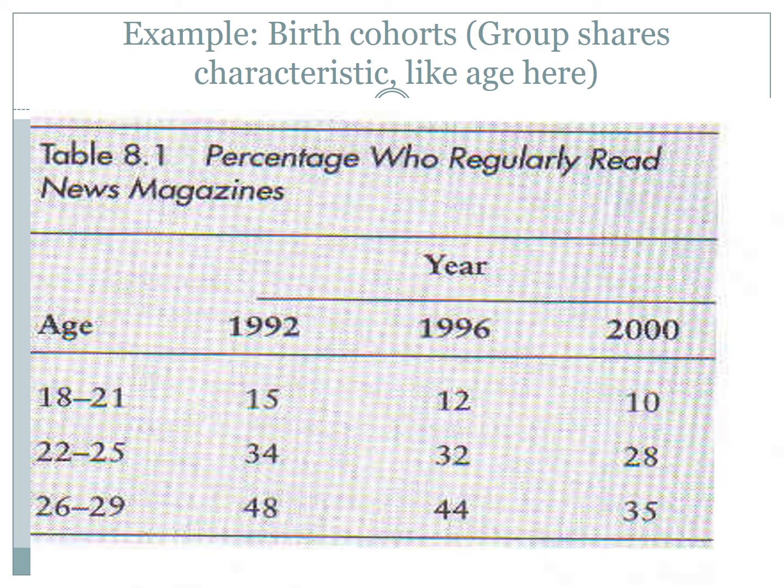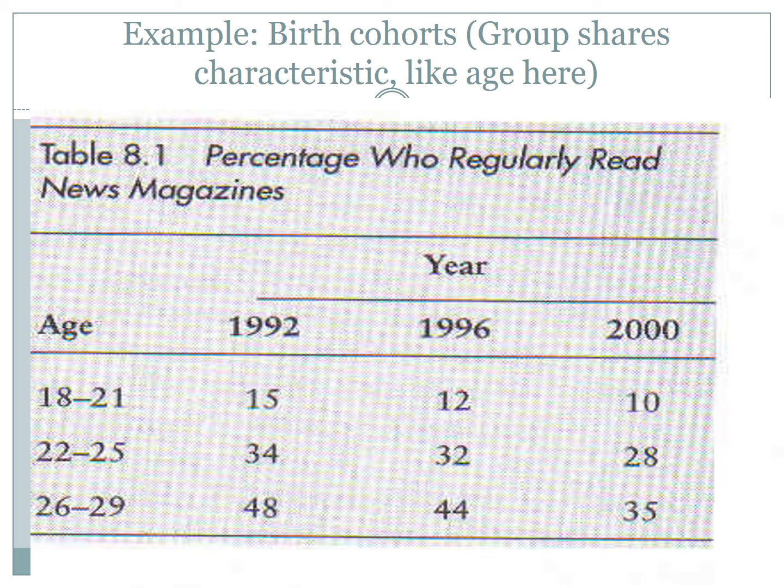So here's an example of a birth cohort. We're looking at age ranges, and we're looking at over time, percentage-wise, who regularly reads a news magazine. Of course, back in this time, it was probably print rather than online. So you can see, just look at 1992, how the youngest age category has only 15% versus 34% versus 48%.